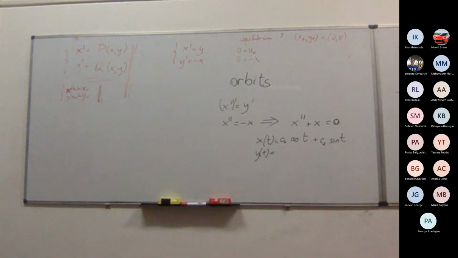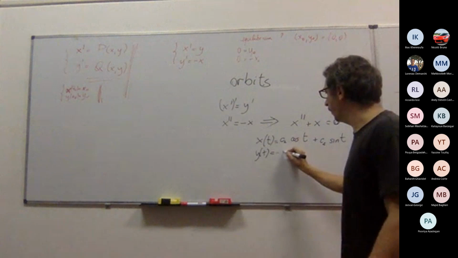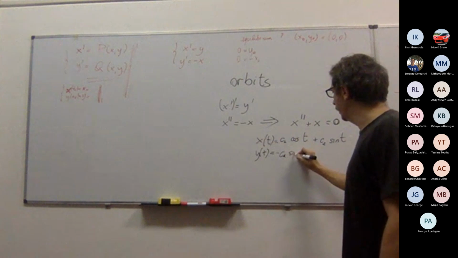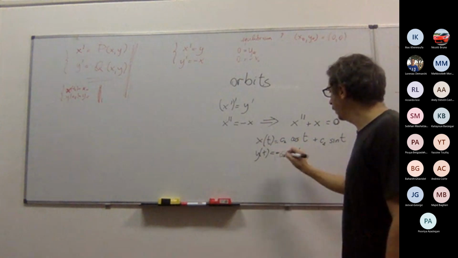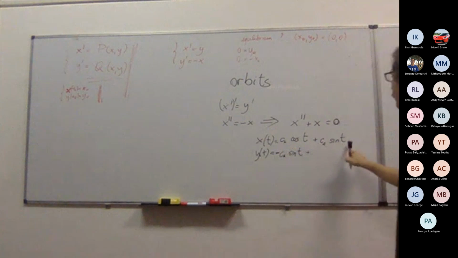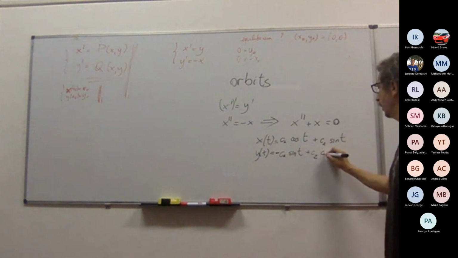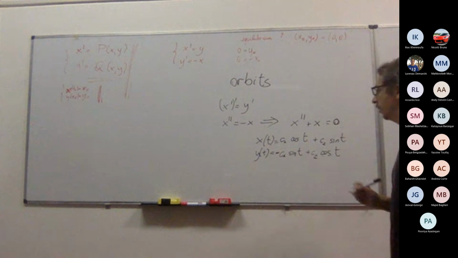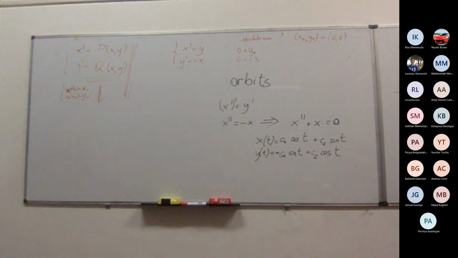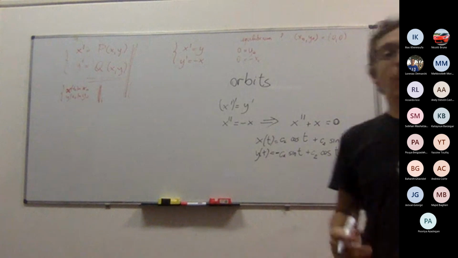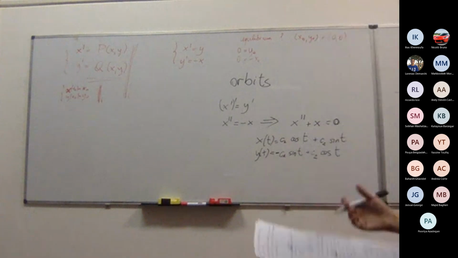The derivative of cosine is minus sine, so I will have here minus c1 sine of t. The derivative of sine is cosine, so this is plus c2 cosine of t. Now, written in this way, this gives me what we have called before the time series.